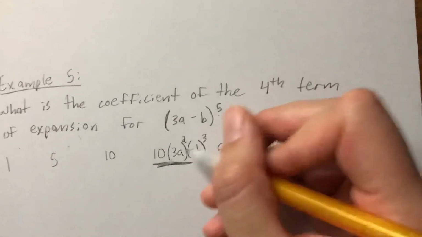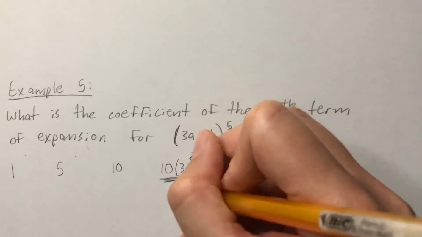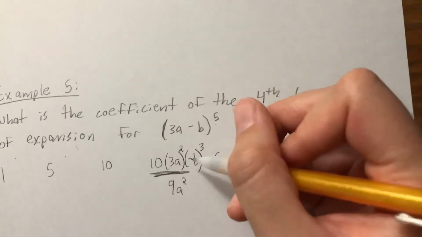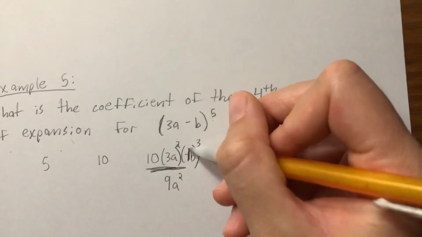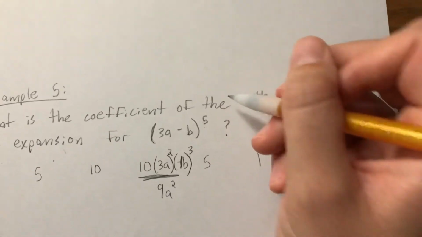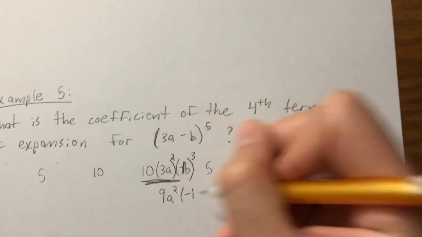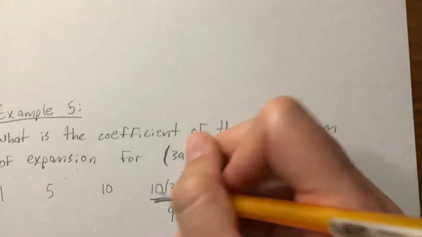Okay, I've got what I need, just need to simplify. So 3 squared is 9, a squared. If I have a negative, that's technically like a negative 1. And negative 1 cubed would be negative 1 times negative 1 times negative 1, which ends up being negative 1. And then b cubed. And times 10.